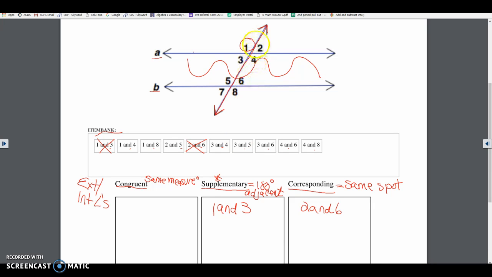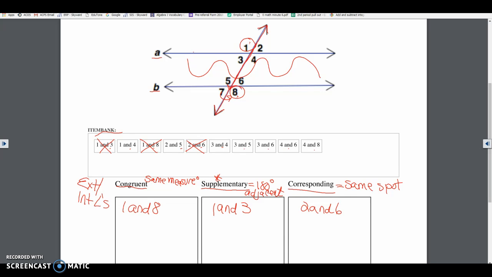If I travel down the transversal to the other part outside the lines, and then jump over to the alternate side, angles 1 and 8 are congruent. That's what we looked at before, alternate exterior angles. So I would put 1 and 8 in this box.